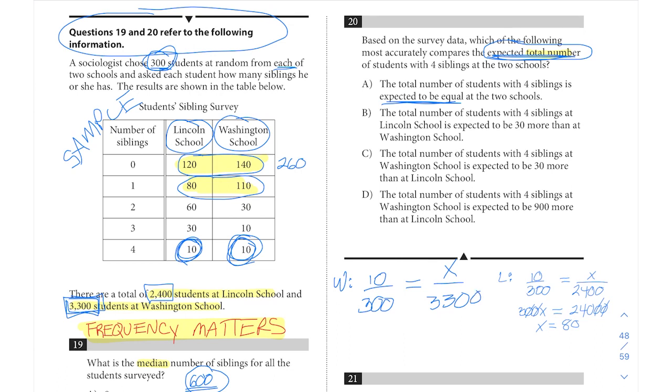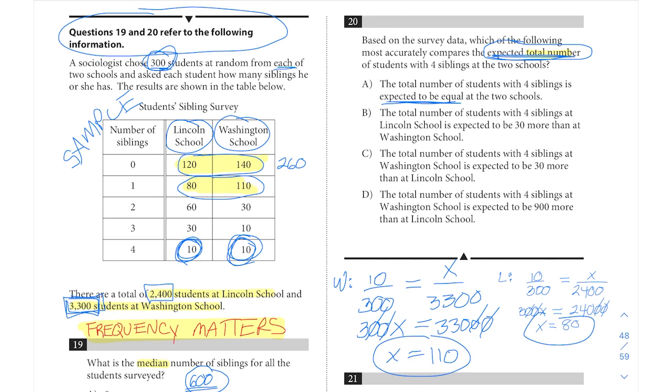So 10 over 300 equals x over 3,300. We still cross multiply and solve in the same way. That would be 300x equals 33,000. Cancel out a couple zeros. And 330 divided by 3 would give us 110.